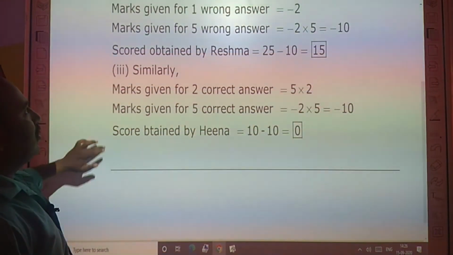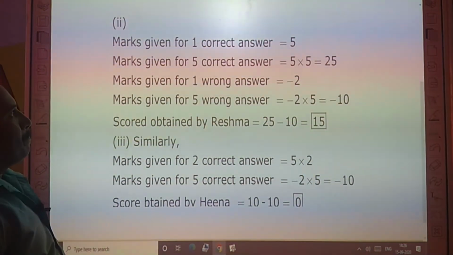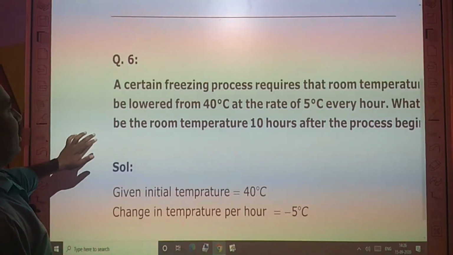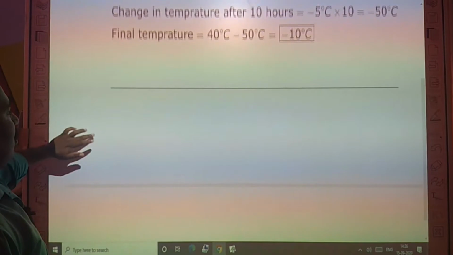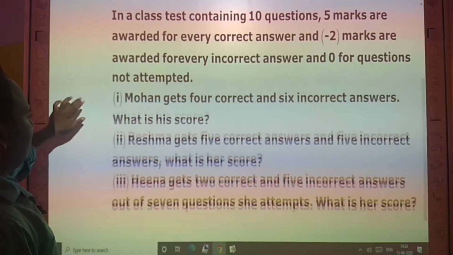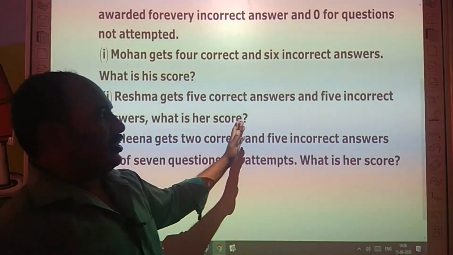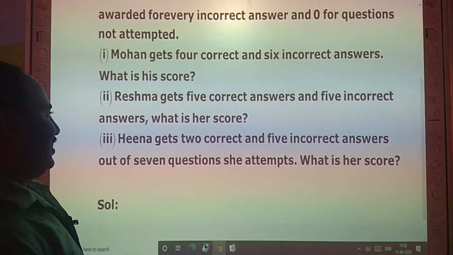The next one, the second person, is Resma. Resma gets 5 correct answers and 5 incorrect answers.